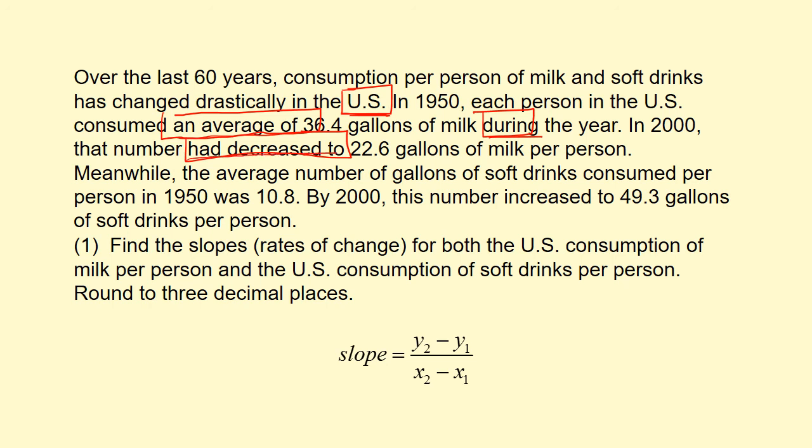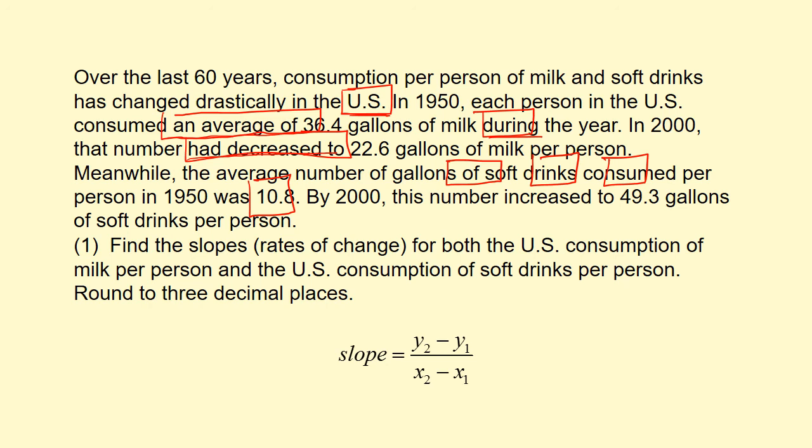And so now we go back to soft drinks and we have another time value and a number of gallons, and another time value and another number of gallons. So these are two different problems here.